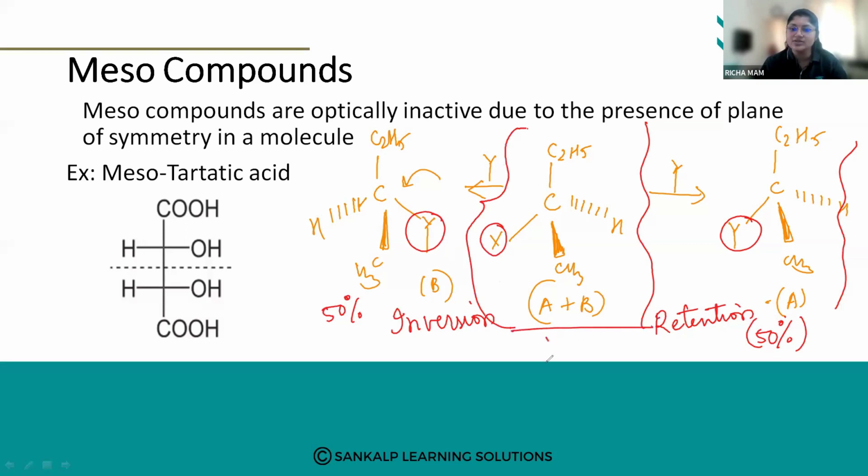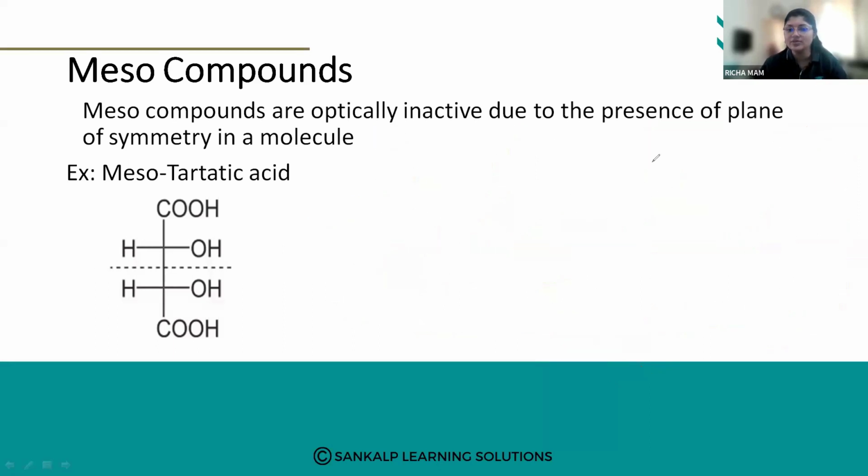This is called a racemic mixture, and this process is called racemization. The product obtained here is optically inactive. So these are the important terms: retention, inversion, and racemic mixture. Is it clear?